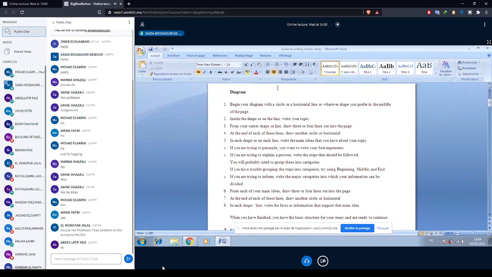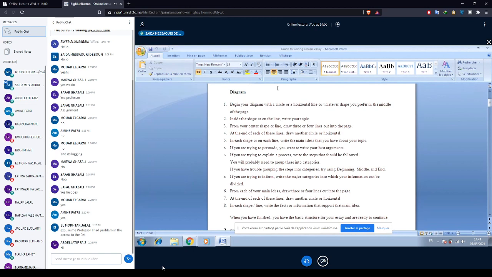Begin your diagram with a circle or a horizontal line or whatever shape you prefer in the middle of the paper. That is the topic you're going to write about, the center of your topic, the central idea. Inside the shape or on the line, write your topic.